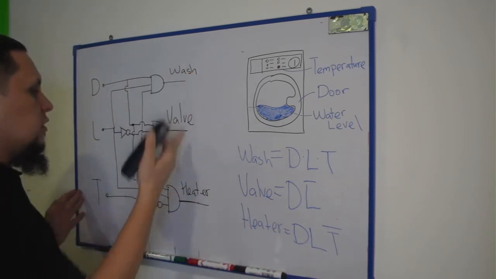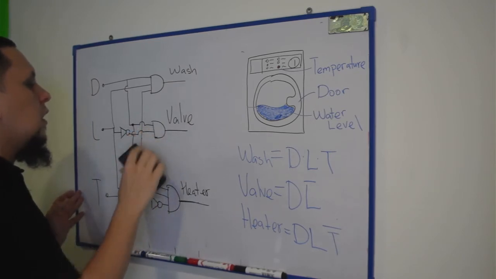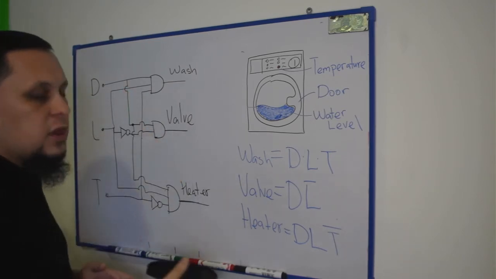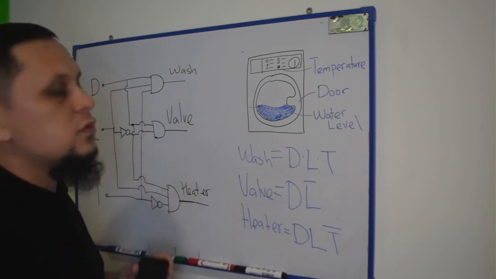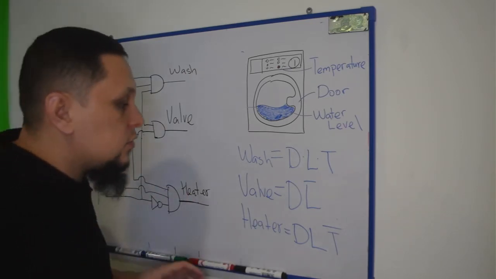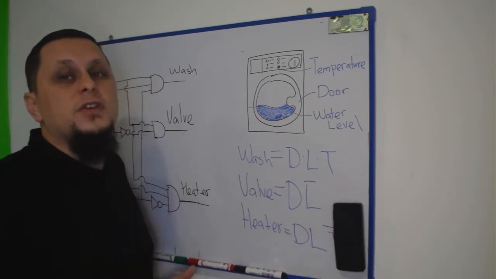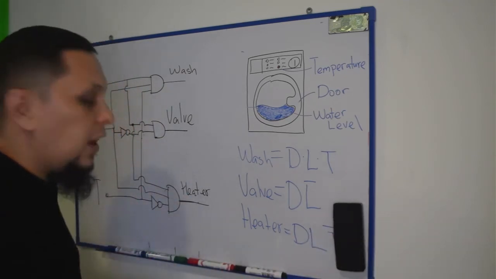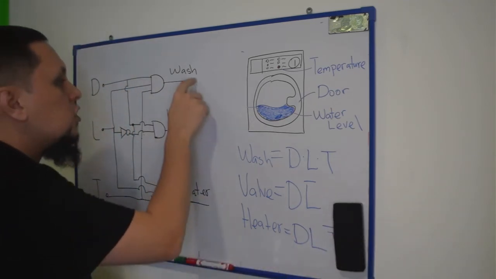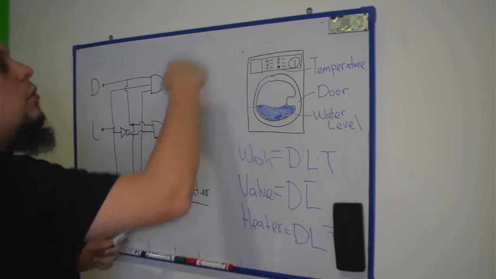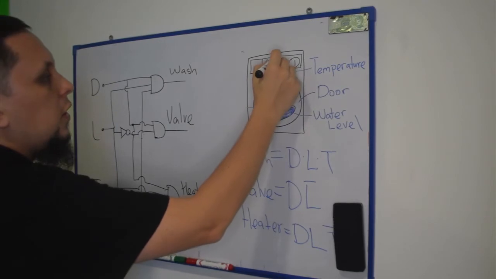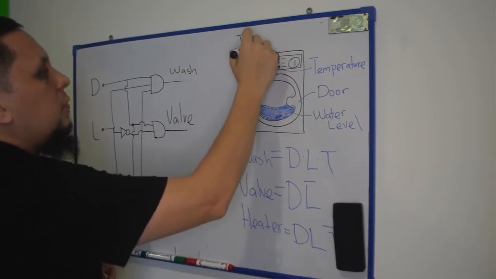Now this is the circuit, and you can create it in Circuitverse. You can move to the web and create this circuit using Circuitverse. Additionally, you can add more features. For example, you can add a timer. You start the washing process, but maybe you want to set up a timer, so you put in one more input and call it timer.